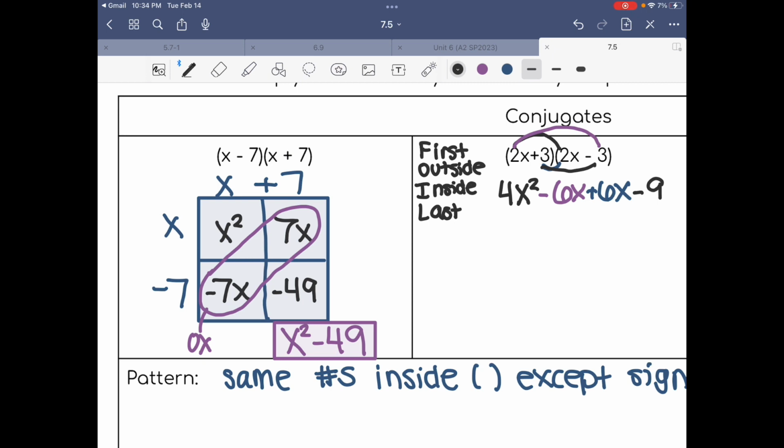And just like on the box method, you have to add the two in the middle together. But negative 6x plus 6x is 0x. So your answer is 4x squared minus 9.